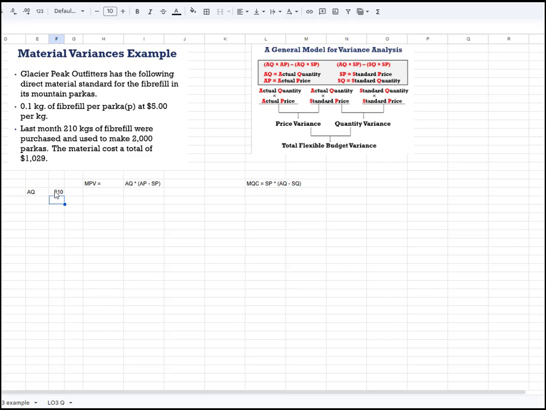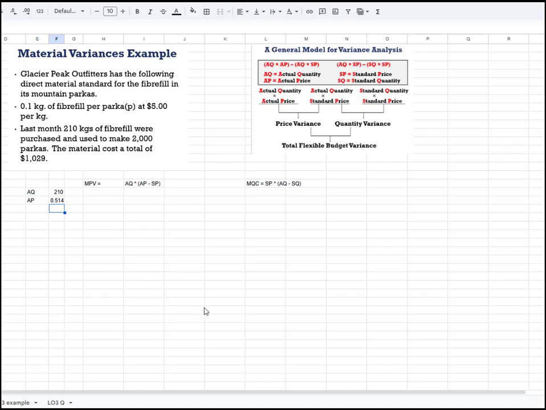And then we have AP, actual price, right below. We know that we had a material cost of $1,029 used to make 2,000 parkas, but our actual material cost per parka is going to be $1,029 in total, divided by our 2,000 parkas, and that gets us not our standard price.